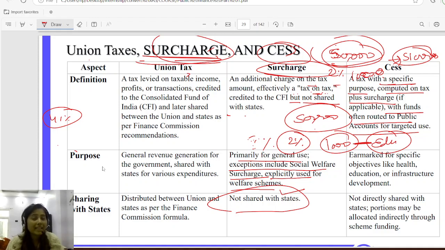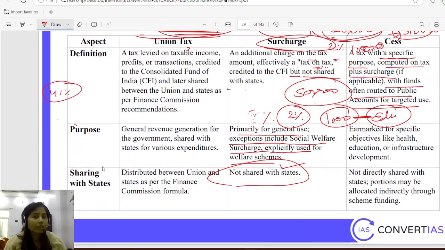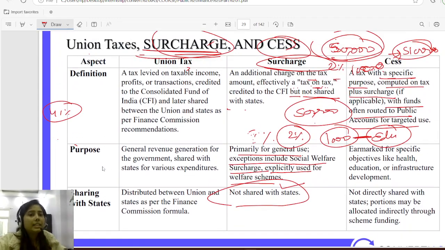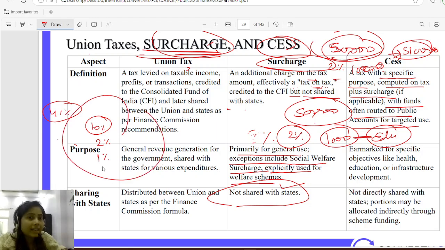So states are demanding that since you are charging more in surcharge and cess, please pay some amount to us as well, or reduce the percentage of surcharge and cess and charge more in tax percentage so that we get that amount. I hope you are understanding this point. Let me make it clear, because this is a debate going on that states often demand. Suppose the government is charging 10% income tax, 2% surcharge, and 1% cess. This is the ideal case scenario.